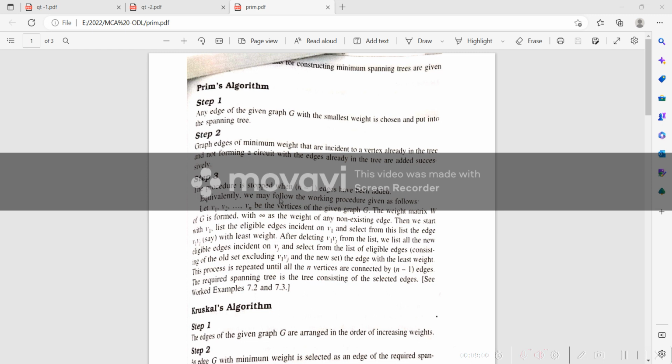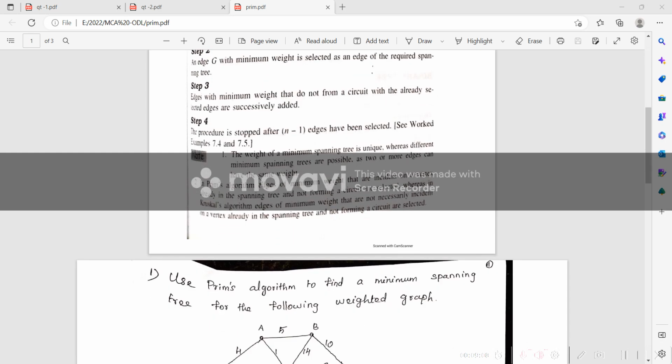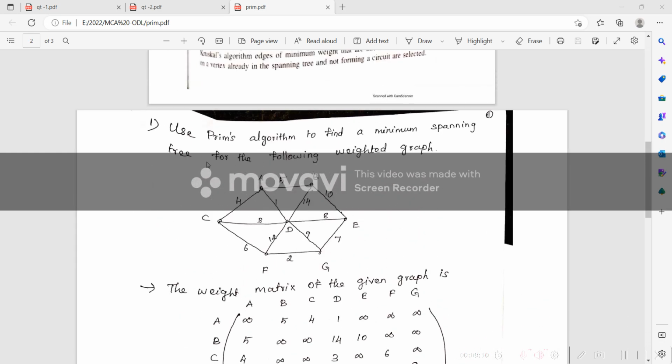So now we are going to explain this one with the help of one graph. Okay, so our problem is this one. Use Prim's algorithm to find a minimum spanning tree for the following weighted graph. So why are we calling this graph weighted?